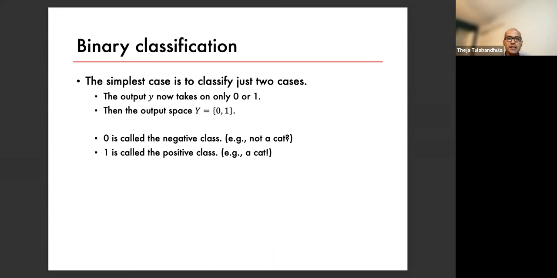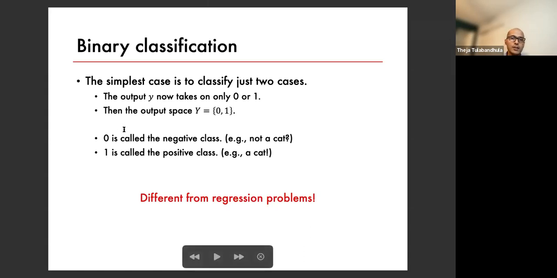Now, this is different from the regression problem that we saw earlier, where we were predicting scores. Here y, instead of taking all possible numbers on the real line, takes values in a restricted set. The output space is the set which has only the values 0 and 1. It's a restriction of the output, but the difference goes beyond that.